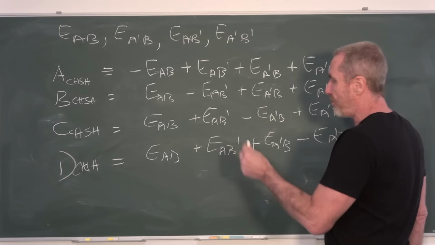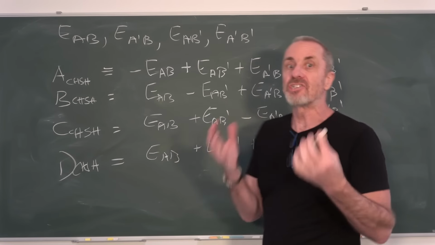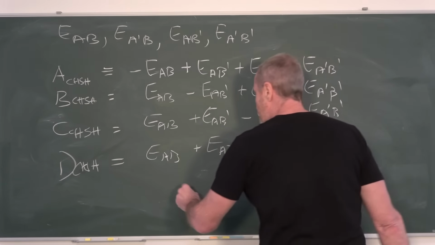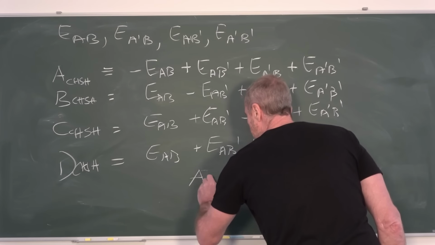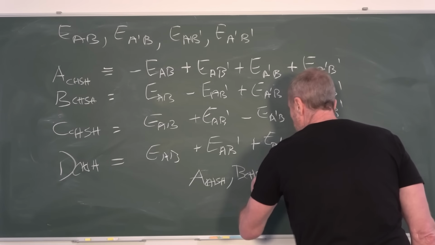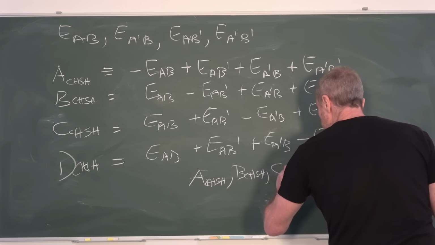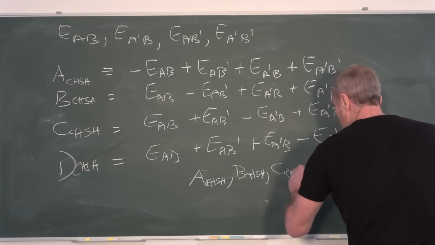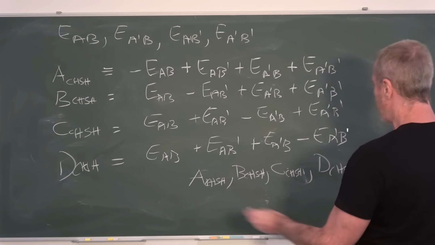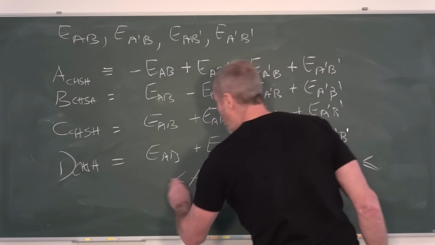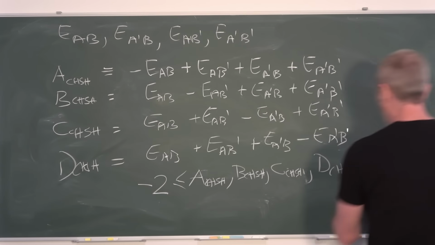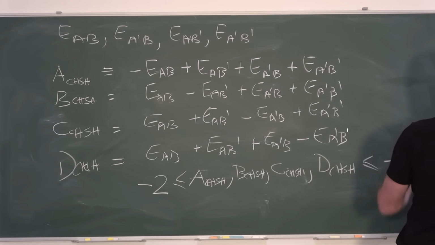And now the theorem. The CHSH inequality is simply the statement that A or B or C or D, these four quantities, have to be bounded between the values -2 and 2.